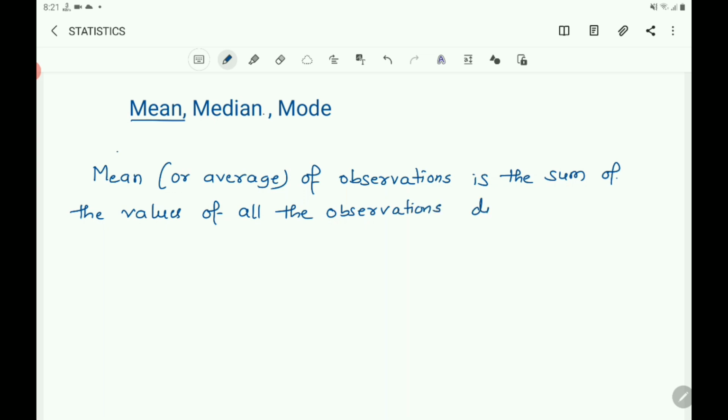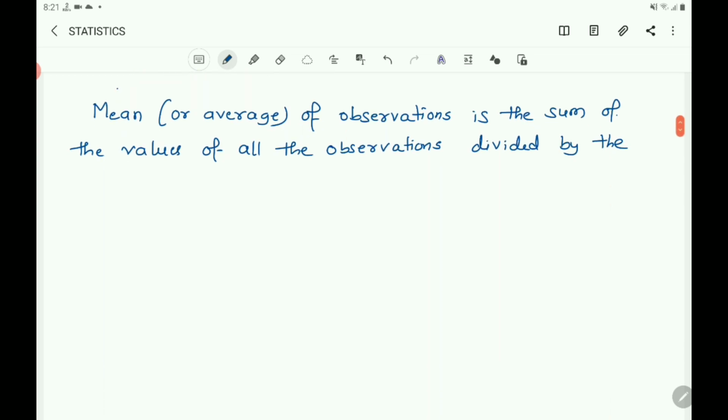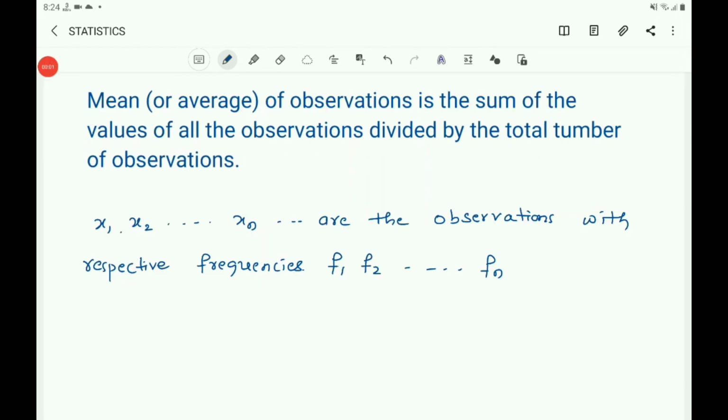Mean, or average, of observations is the sum of the values of all the observations divided by the total number of observations, that you know already.